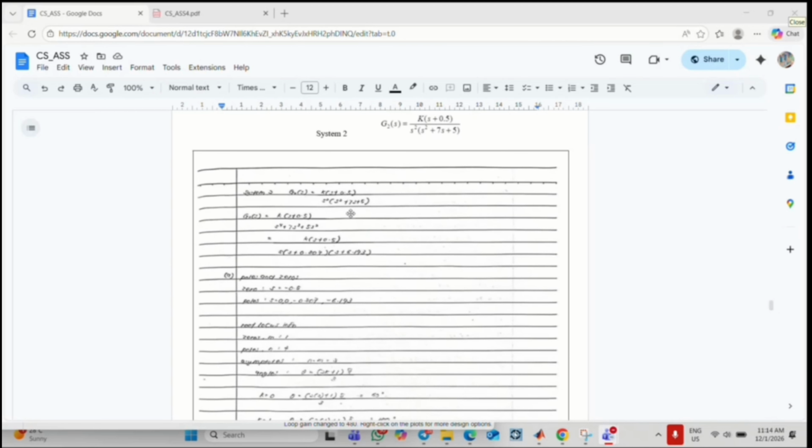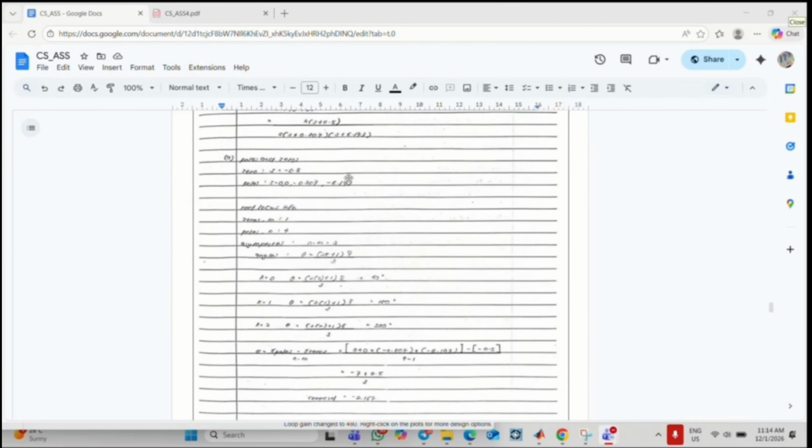First, question A is poles and zeros. The poles are 0, 0, negative 0.807, negative 6.193. It is a double pole.